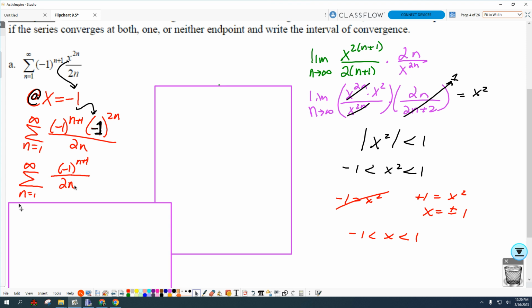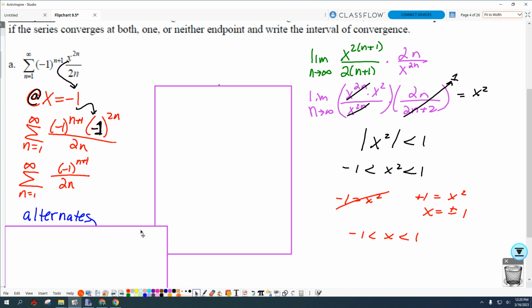So it's negative 1/2 plus 1/4 minus 1/6 plus 1/8, and it keeps going. Does this converge or diverge? Converge. Why does it converge? Because it alternates. What are the conditions?